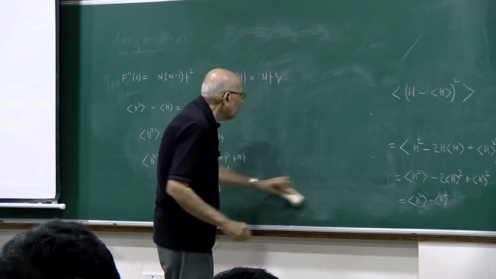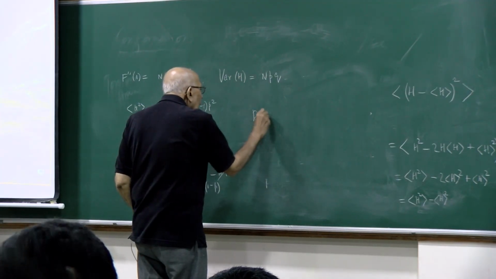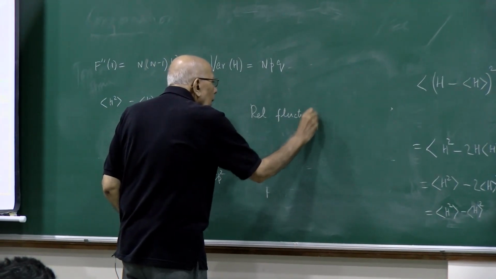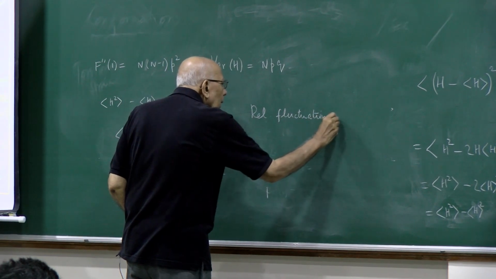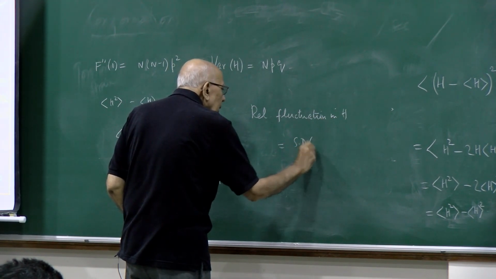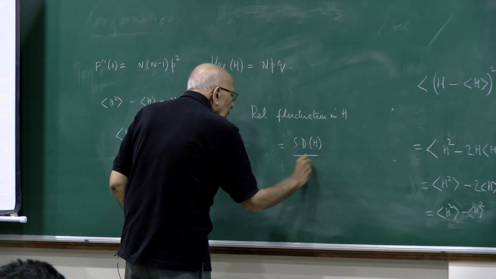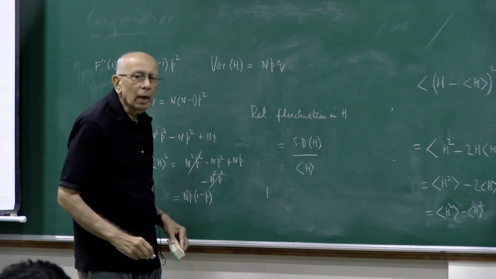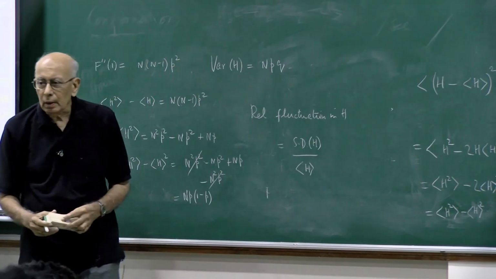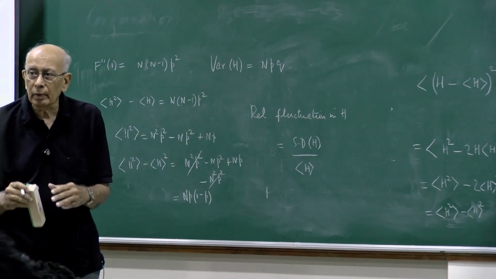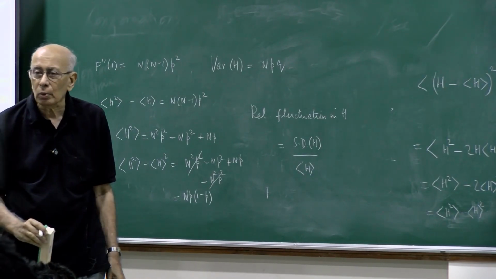So the relative fluctuation in h is equal to the standard deviation of h divided by the mean value of h. In any random variable, the relative fluctuation is measured by how much there is, the standard deviation divided by the mean, the ratio of this quantity.